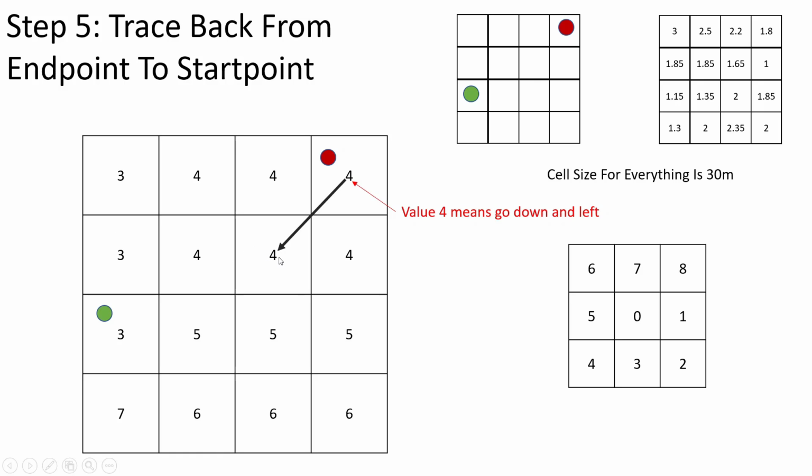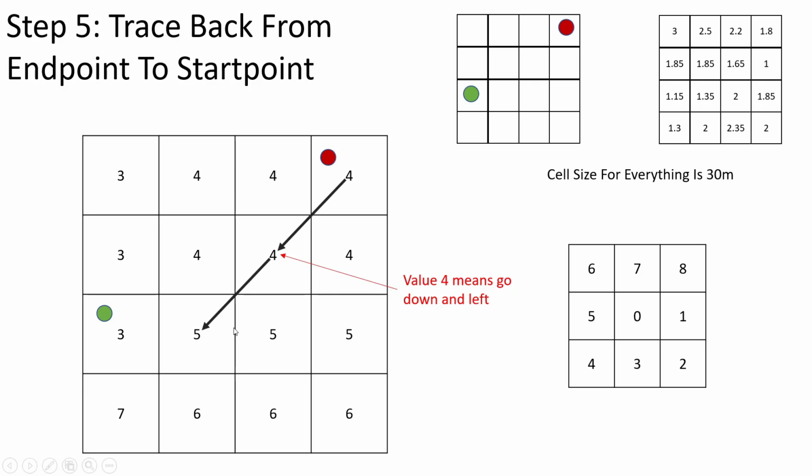So where do we go from here? Well, we're going to do the exact same thing we just did. We're going to take this value, and read it through our little matrix here. A value of 4, again, in this case, means down and to the left. So that's exactly what we're going to do. We're going to go down and to the left. So now we get to this cell, and we have to figure out where do we go from here.